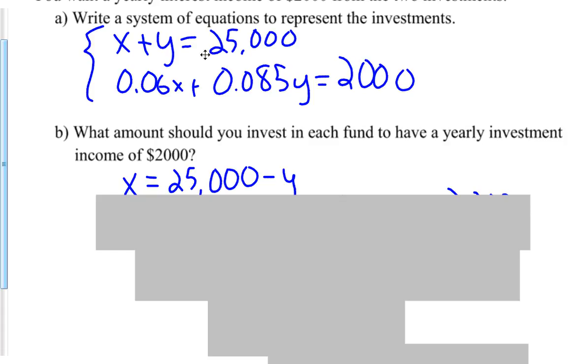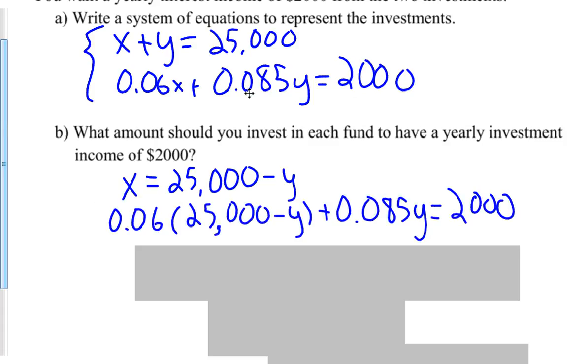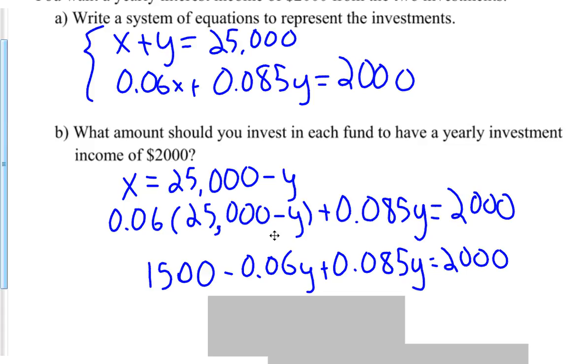x equals 25,000 minus y, and then we're going to plug it in. 0.06 times 25,000 minus y plus 0.085y equals 2,000. The 0.06 is going to go into each piece, and we're going to get 0.06 times 25,000 turns into 1,500 minus 0.06y plus 0.085y equals 2,000.